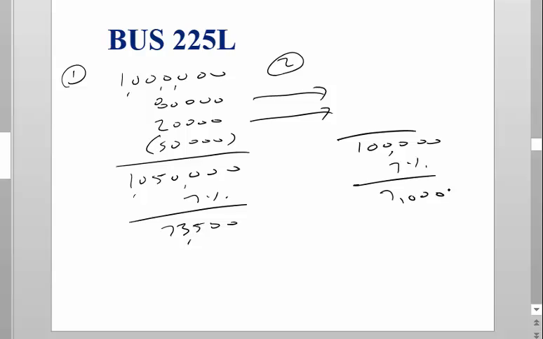So our state provision is going to be a debit of 73.5 and a credit of 7, because that 7 is a DTA. 66,500. Okay? State should be easy, right?